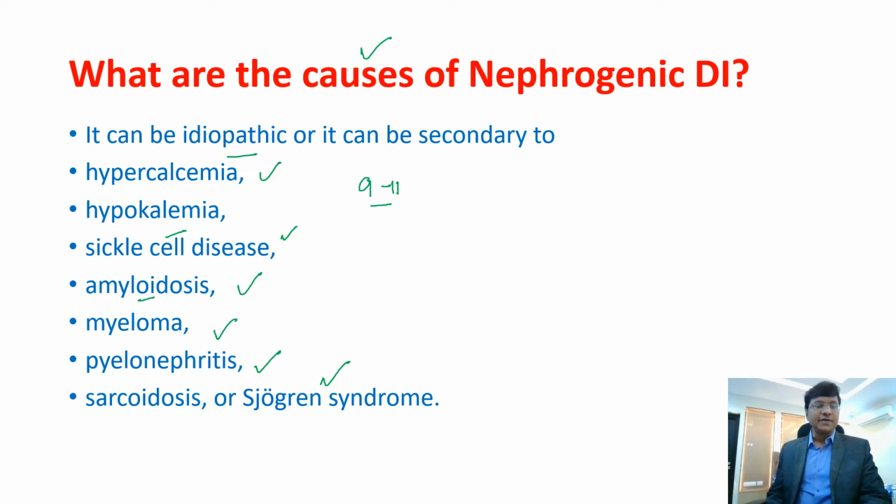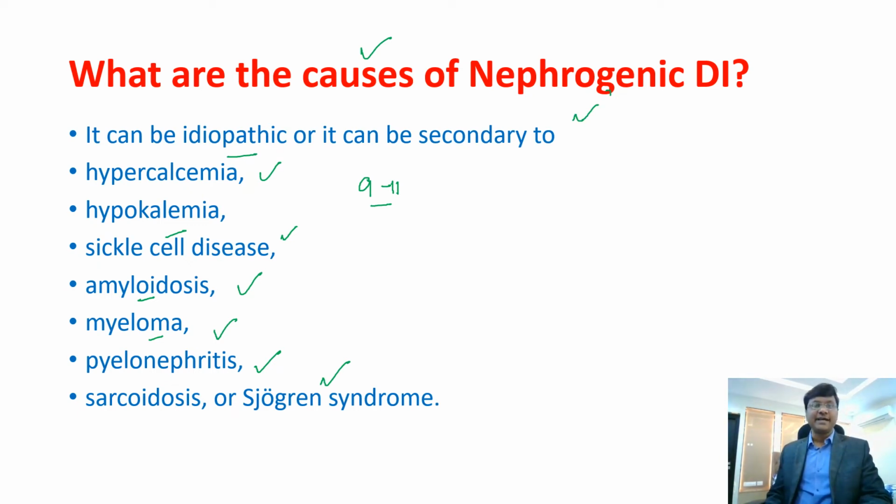In case of amyloidosis or multiple myeloma, it is the abnormal protein which gets accumulated within the distal tubules, and because of this accumulation, they become resistant to the action of antidiuretic hormone, and that will result in nephrogenic diabetes insipidus.